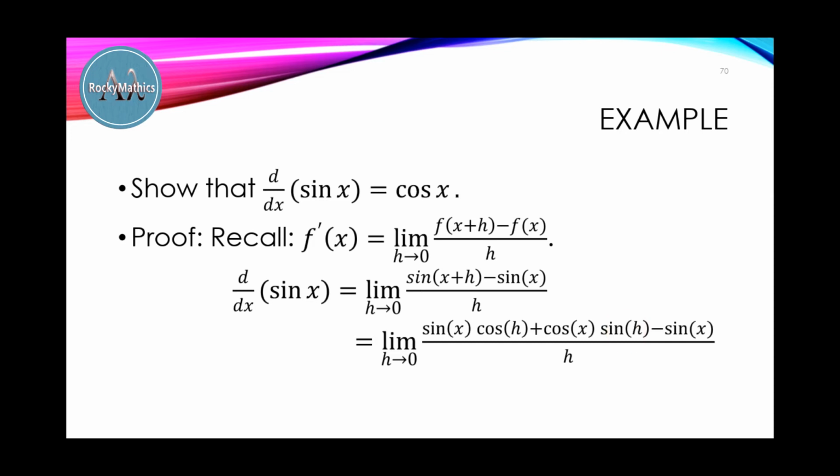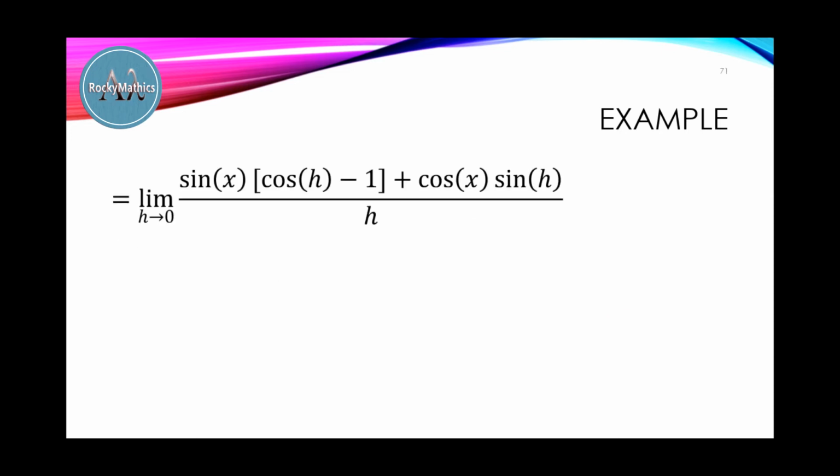Simplifying this whole expression, we have the limit of sine x times quantity cosine h minus 1, actually from sine x cosine h minus sine x, plus cosine x sine h over h as h approaches 0.